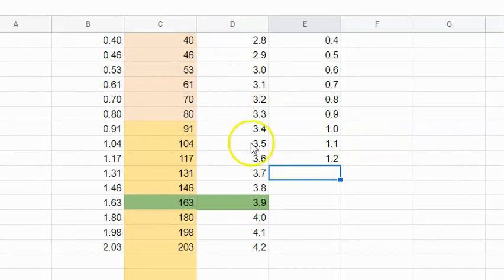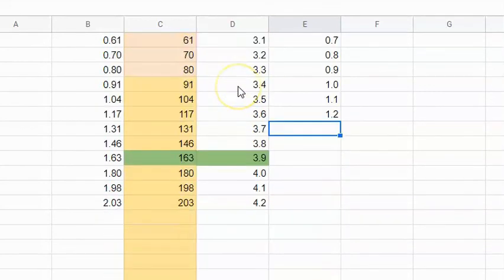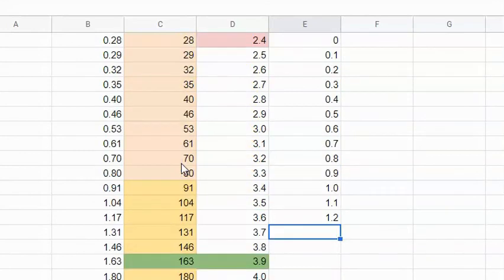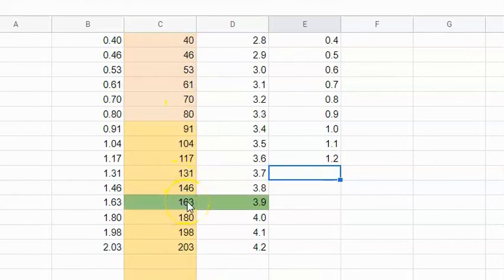If I go back to our data table, I've highlighted in green what corresponds to 1.5 seconds. Now that's really 3.9 seconds, but that's 1.5 seconds after we called 0. And we see that we're at position 163. But remember, our original position was 28, so our actual position should be 163 minus 28, which is 135. So it's traveled 135.